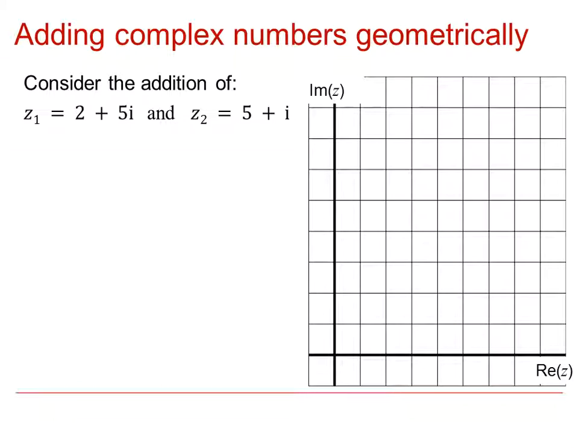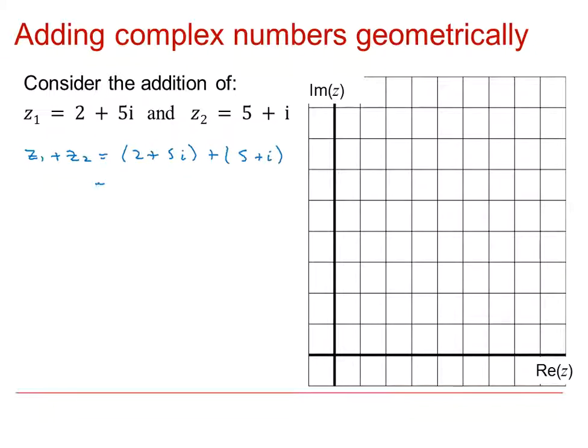We can now think about adding complex numbers and what that would look like geometrically. So here we've got z1, which is 2 plus 5i, and z2, which is 5 plus i. So if we consider z1 plus z2, we'd be looking at 2 plus 5i, and we're going to add on 5 plus i.